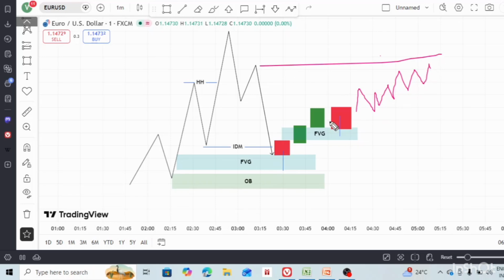If the market mitigated the gap and did not break any gap, it is an indication that the market did not have any strength, so it will just be clumsy consolidation. But if it mitigated the gap and created another gap, that is a sign that the market wants to move to the upper direction, and this will also be a strong gap. Whatever we have discussed, the same concept also applies to the downward direction as well.